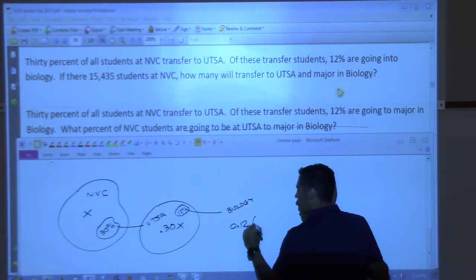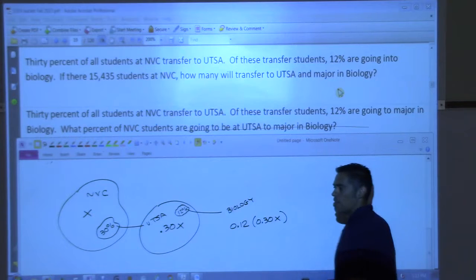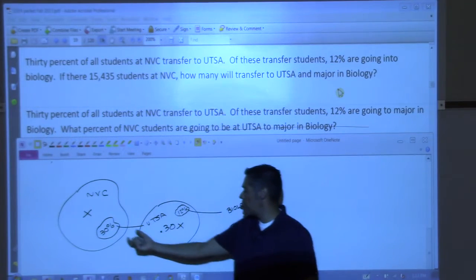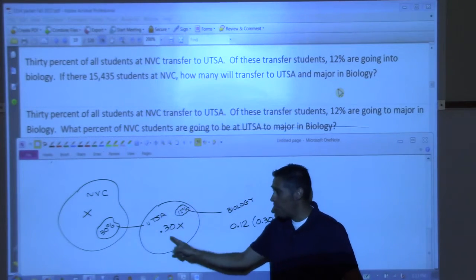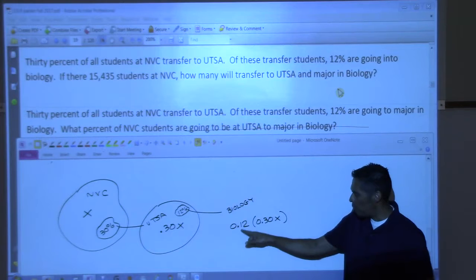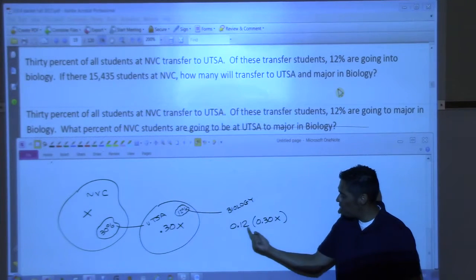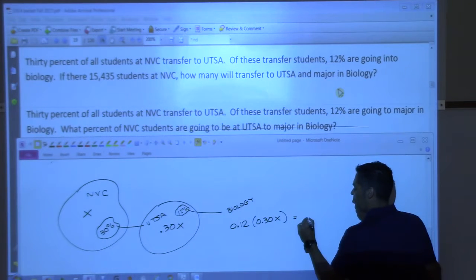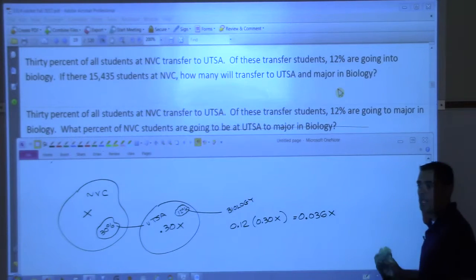So isn't that 12% of 0.30x? See how that works? First we did 30% of the population of Northwest Vista College, which is 0.30 times x. Then we're going to take 12% of that 30%, which means we're going to take 0.12 times that. And now on your calculator, do 0.12 times 0.30. 0.036x. See, we still have the x there.